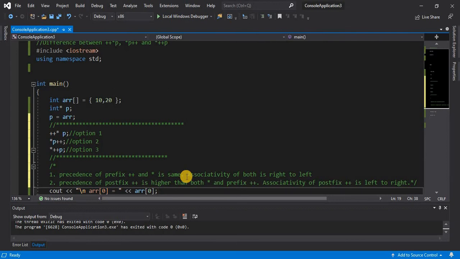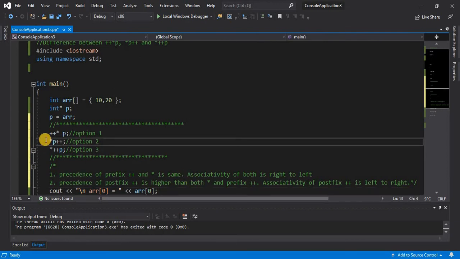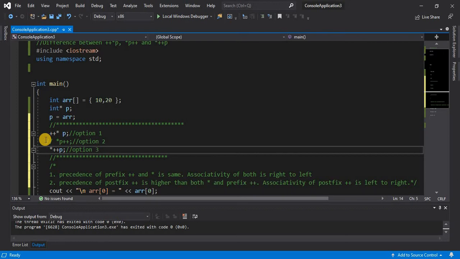So let us try to explore option 1. For that we'll comment out the remaining options. So what we have done is ++*p. Here definitely we have involved the star operator and prefix plus plus. So out of these two rules, rule number 1 will get applied here. Rule number 1 says the precedence of prefix plus plus and star is the same.